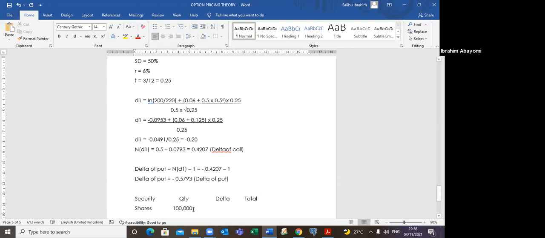Take this, jot it down if you have not: delta of the underlying asset is always 1. You don't have to calculate that. Our underlying asset here is shares. Take note. Delta of underlying asset is always 1. You understand?